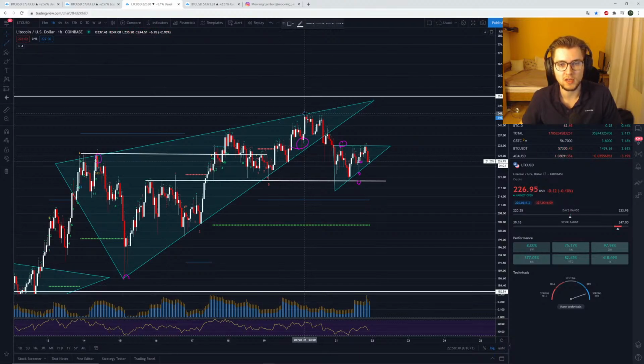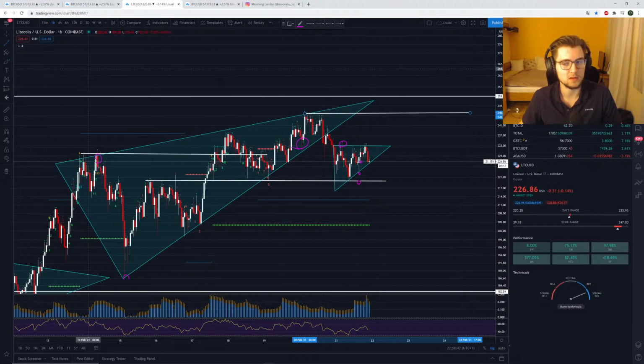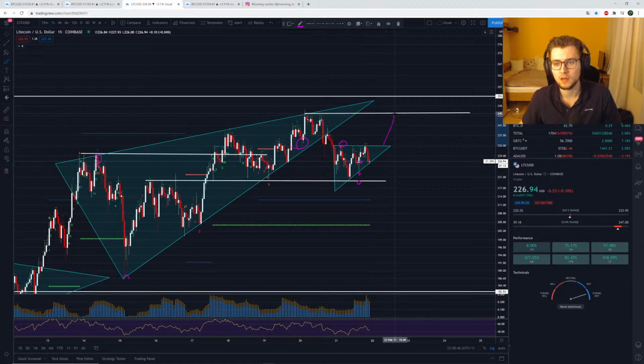If we do not go to 253, then I think we will hopefully break here to the upside, then again move to the next target, which is at 245. Maybe we'll of course move like this, then to 245, and maybe then again come back down to support around 233, which is currently acting as big resistance.